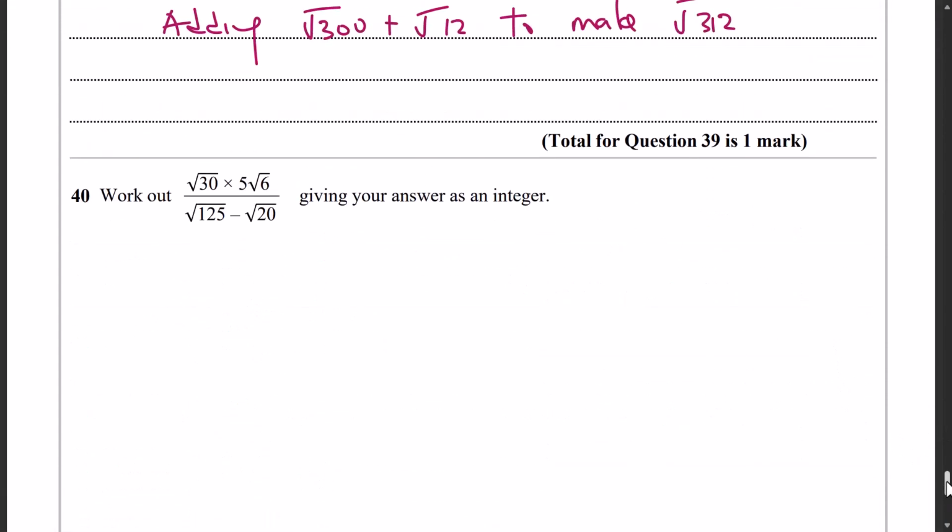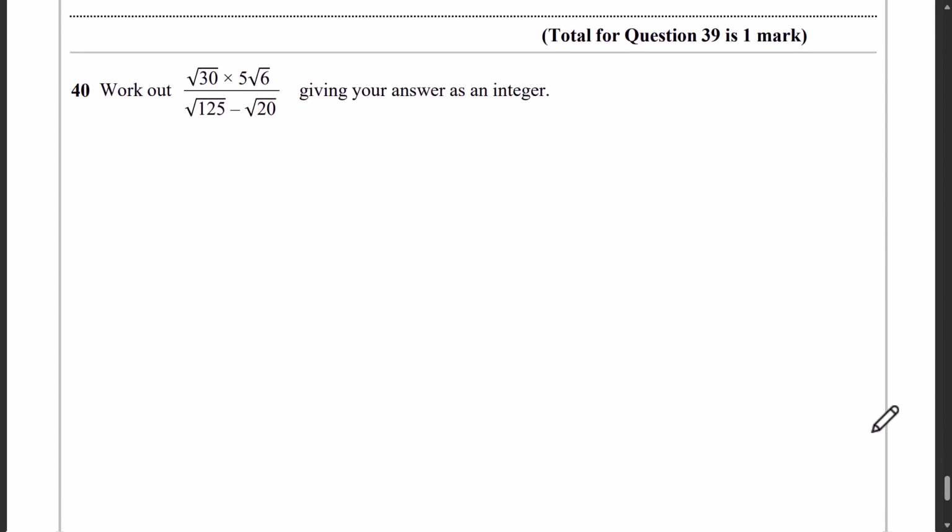Again, this is the last question. Well, okay, so work this out and give your answer as an integer. So I think I can simplify this quickly. The 30 is going to be like 10 times 3. No, that's not it. 15 times 2. Okay, I can do this.